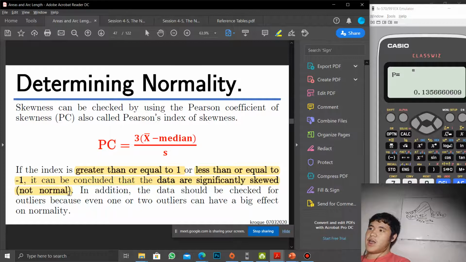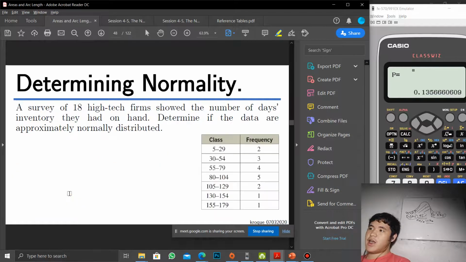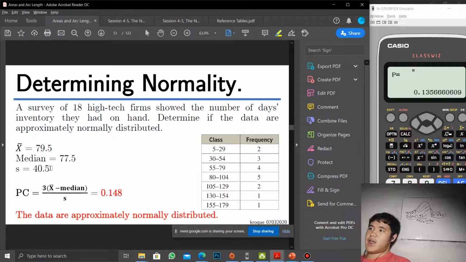So, as long as between siya negative 1 to 1, inclusive, normal siya. Normally distributed. Skip na natin to. Basta, ito, given this frequency distribution, we get these values. Then we find na ang Pearson's coefficient of skewness is 0.148.